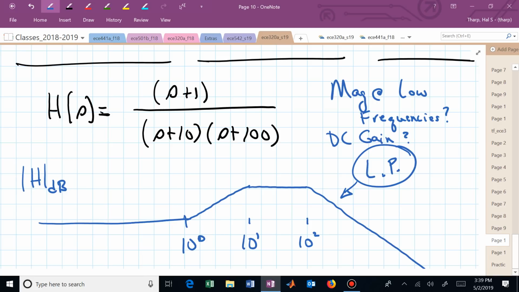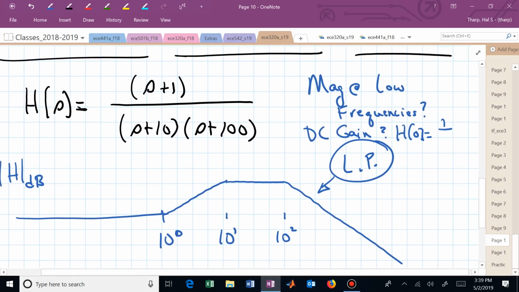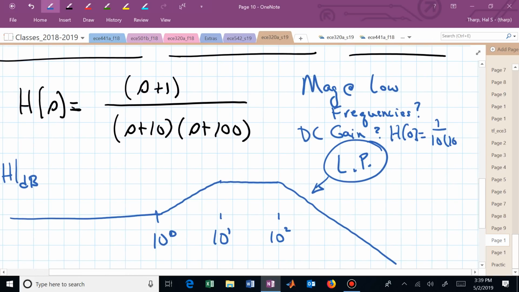It should be the same as your low frequency. In this case, your DC gain is 1 over the product of 10 times 100. So this now says H of 0 in absolute terms is 1 over 10 times 100.